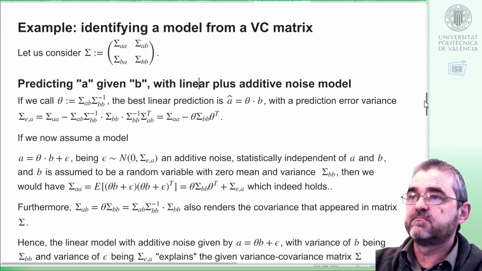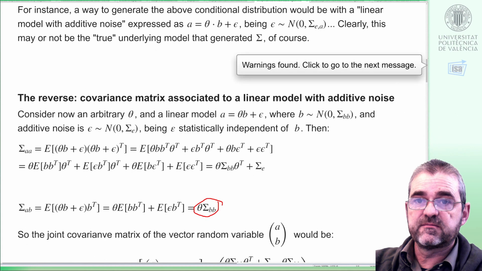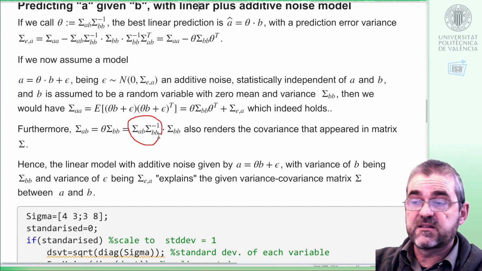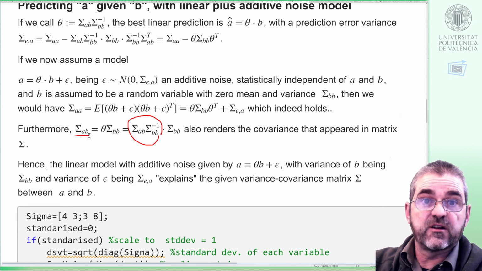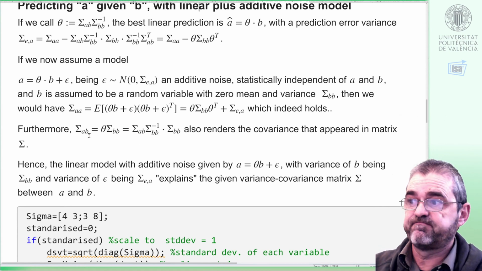And likewise, if this was the covariance for a given theta, when I replace this actual theta, then I get, of course, the original covariance. So indeed, one thing is the reverse of the other.